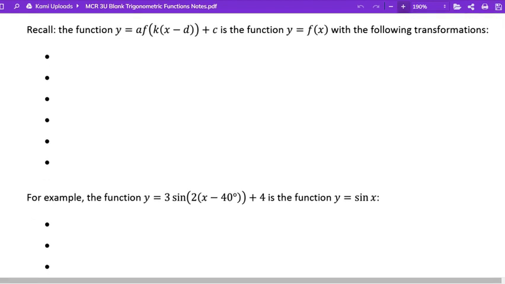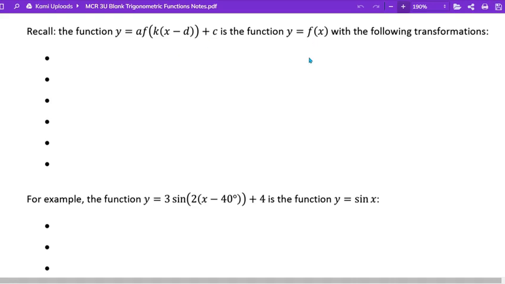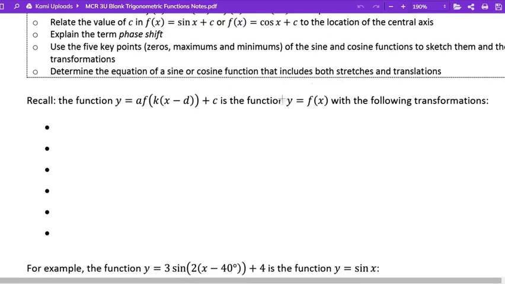All right. Let's first recall this function notation: y equals a f of kx minus d. Remember, we call this function notation because there's the symbol of the function in there. So it's not the equation, it's just telling us the transformations. Whenever you write in function notation, you must also have an equation that tells you the parent function.